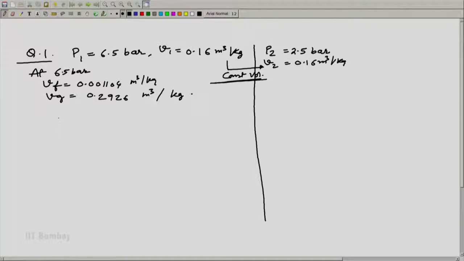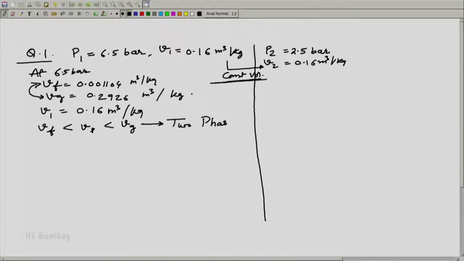What I understand therefore is that the V1 value of 0.16 meter cube per kg lies between these two, and therefore we say that Vf is less than V1 is less than Vg. So we are in the two phase region.